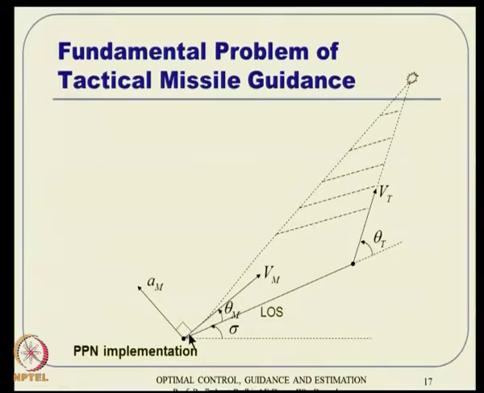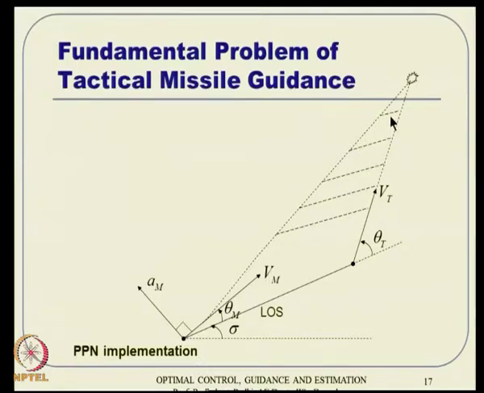Obviously, if it is perpendicular to the LOS vector, things are mathematically good, because ultimately this guidance relies on the philosophy that the LOS vector should not rotate. Initially it can rotate, but after some time, if you take the instantaneous position 1 for the missile and position 1 for the target, position 2 here, and keep on joining them, then the LOS vector should remain parallel to each other; they should not rotate.